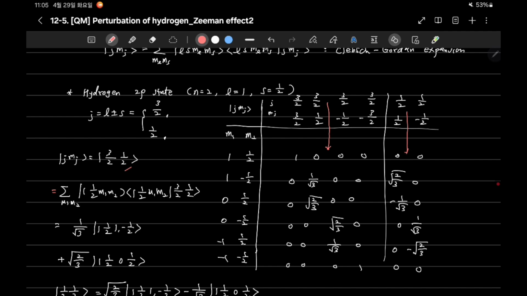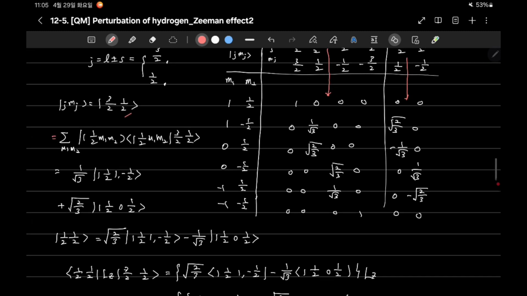So it is already calculated in the Clebsch-Gordan expansion, and it is a table. So one example of this 3/2, 1/2 expansion, the non-zero term is orbital quantum number 1 and spin 1/2, and the corresponding magnetic quantum numbers 1, -1/2 and 0, 1/2, so the coefficient expansion can be possible.